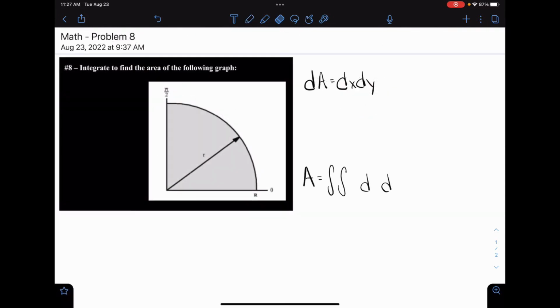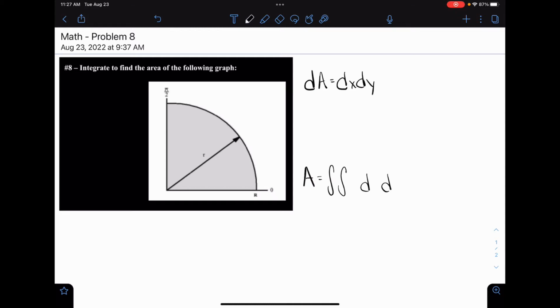Simple as that. Problem 8 is asking us to find the area under a curve again. But if you notice, this is a quarter of a circle, and we are given the radius versus an x or y coordinate. So this differential that we've been using, dA equals dx dy, is probably not the best choice.